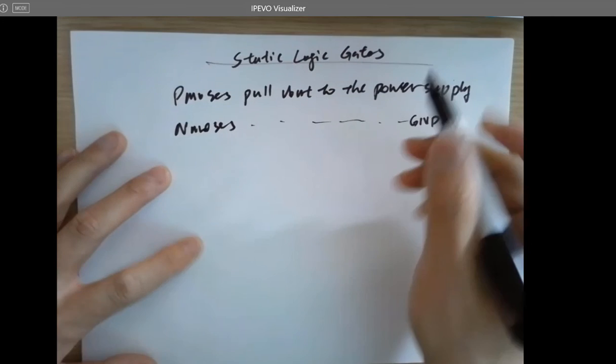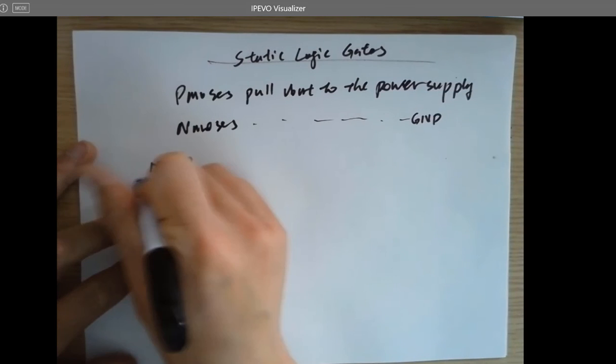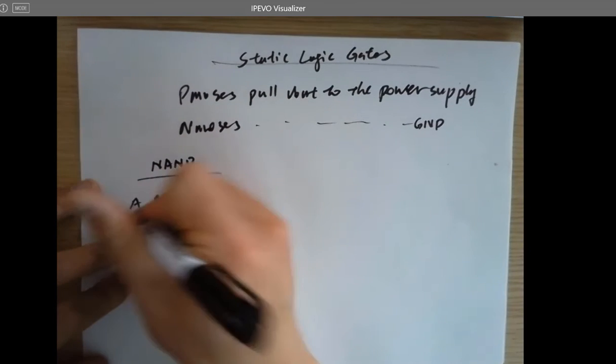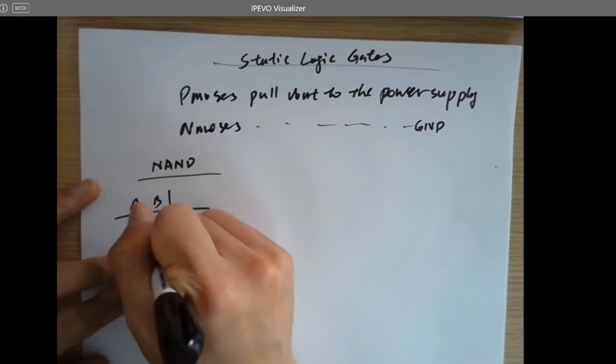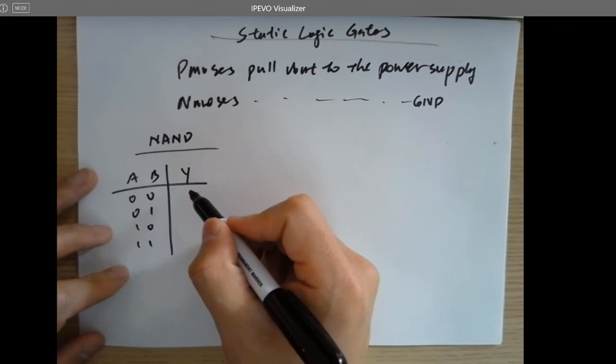So that's why for a NAND gate, two inputs, one output.